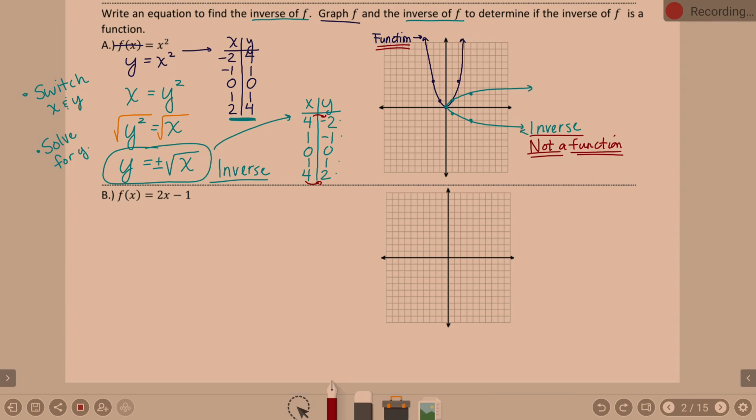So that's another way. Got some ideas there? Options here: fails the vertical line test is one way, or we can talk about domain, or in other words, x values repeat.